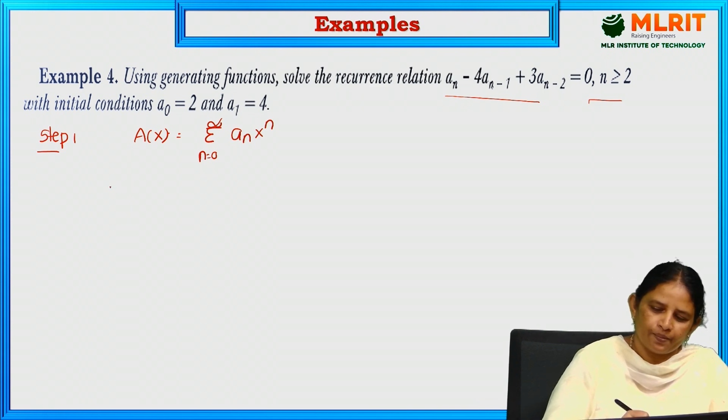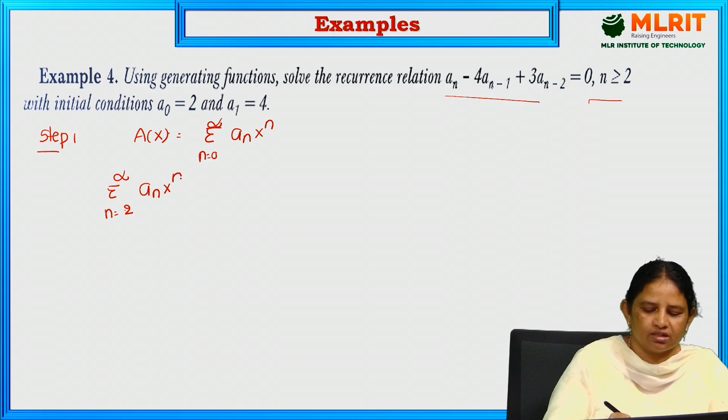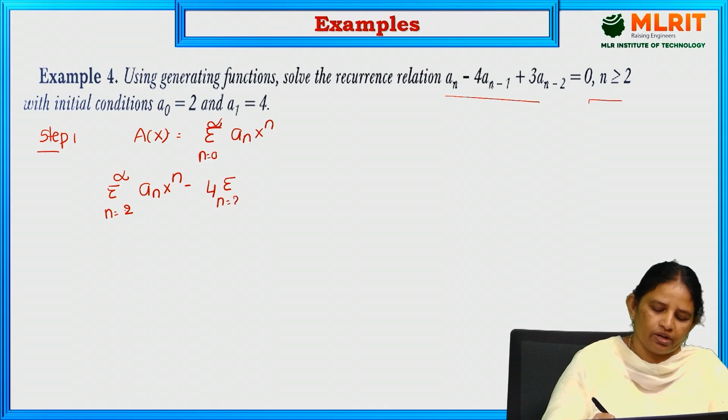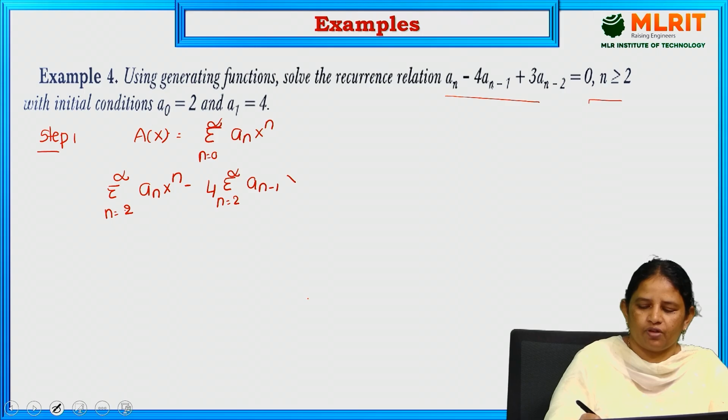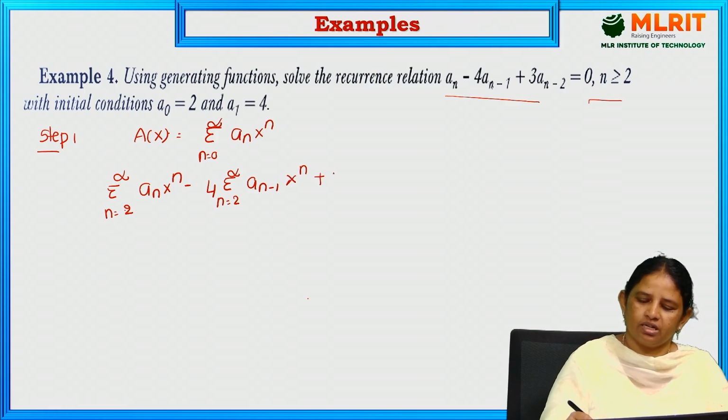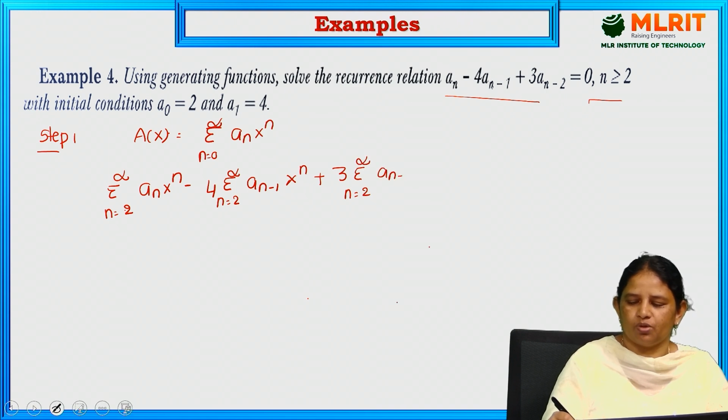We'll get sigma n equal to 2 to infinity a n x to the power of n, first term, minus second term is 4 sigma n equal to 2 to infinity a n minus 1 x to the power of n, plus 3 sigma n equal to 2 to infinity a n minus 2 x to the power of n, equal to 0.